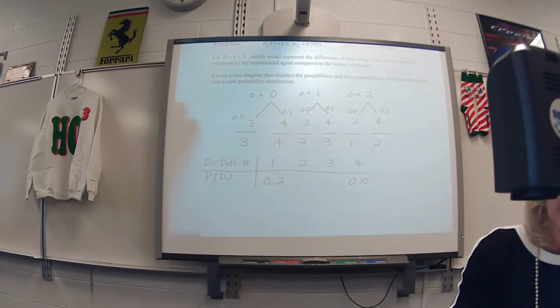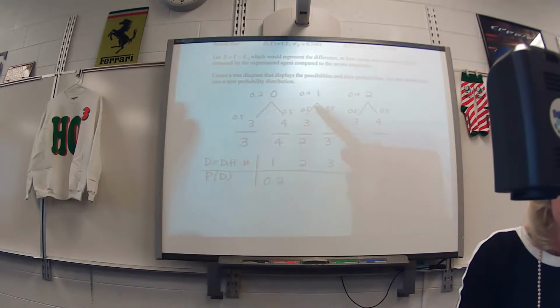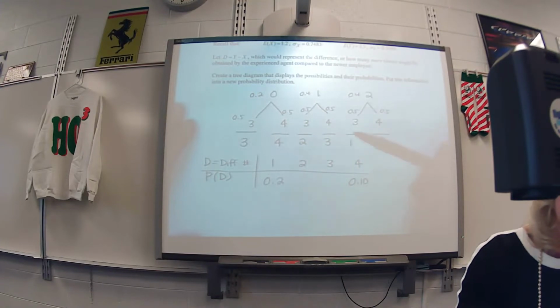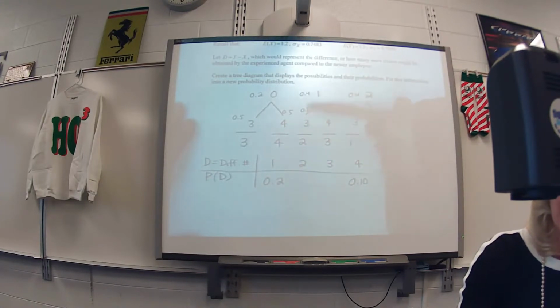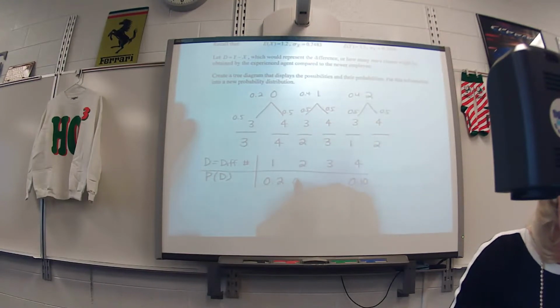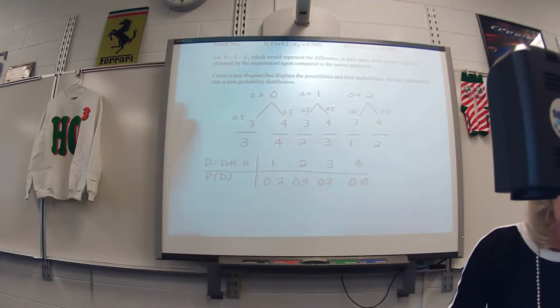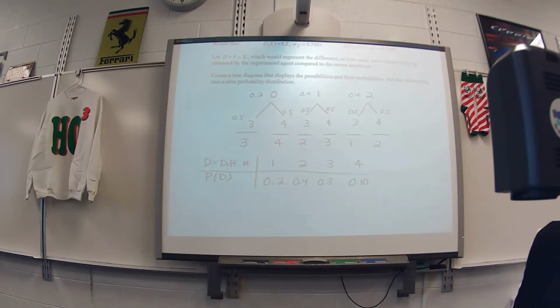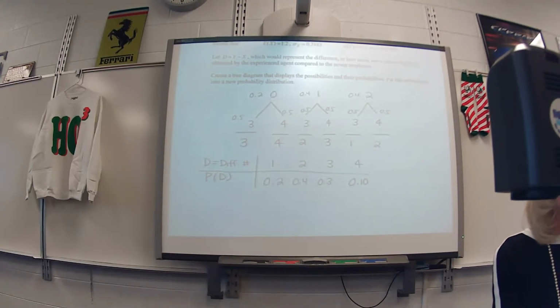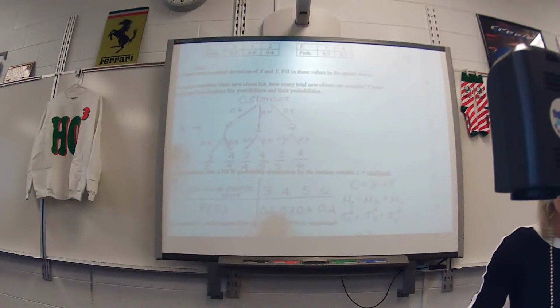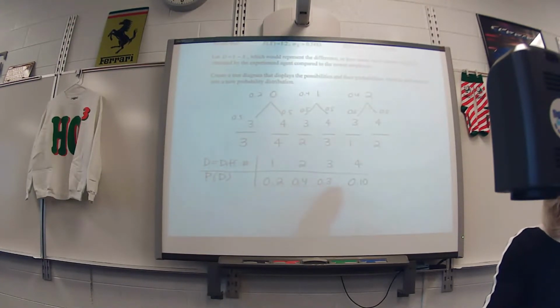The 2 is this trail, and this trail. So in this trail half of 20%. In this trail, or excuse me, half of 40% makes 20%. And in this trail, it's the same thing. So this is 40%, and then this is 30%. Again, you get the same numbers we had on the other one. They're just kind of in different spots. We had 1, 3, 4, 2, 2, 4, 3, 1.